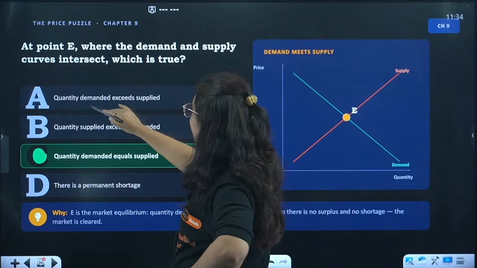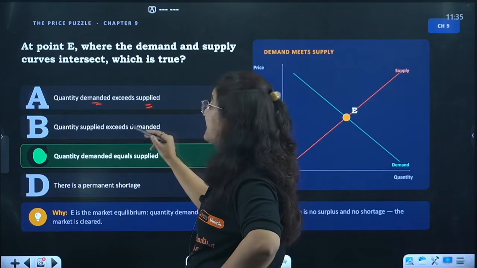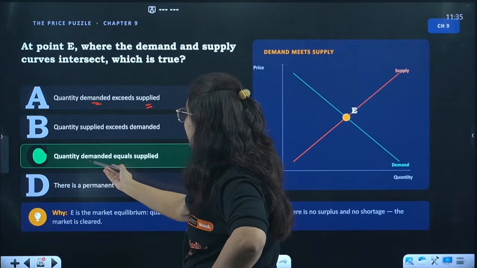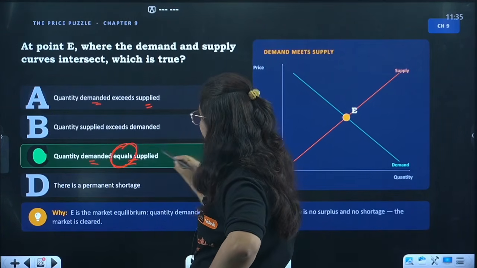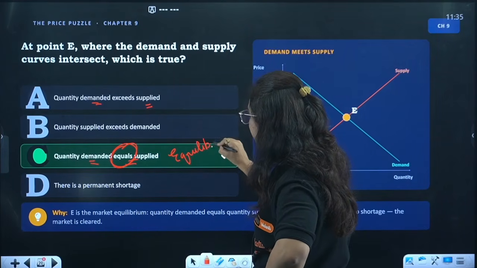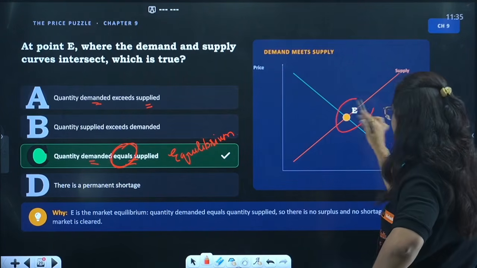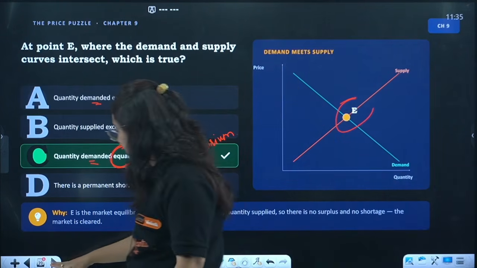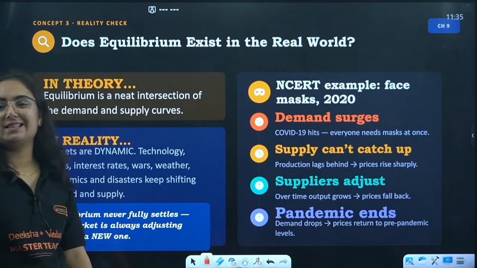Quantity supplied exceeds demanded? Quantity demanded equals quantity supplied, exactly the condition of equal, that is known as equilibrium. And this point is point E. Fine, clear?